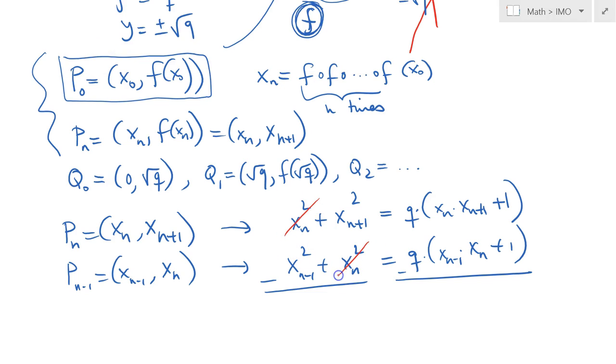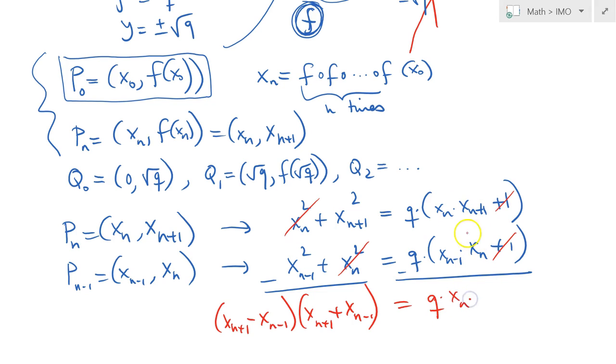This one will cancel with this one, the ones will cancel out, and what I will have on the left hand side will be a difference of squares, which I can easily factorize as x sub n plus 1 plus x sub n minus 1. On the right hand side I will have q times x sub n, and then a difference, x sub n plus 1 minus x sub n minus 1. Now I can cancel out these two expressions, and boom, I get the recursive form that I wanted.